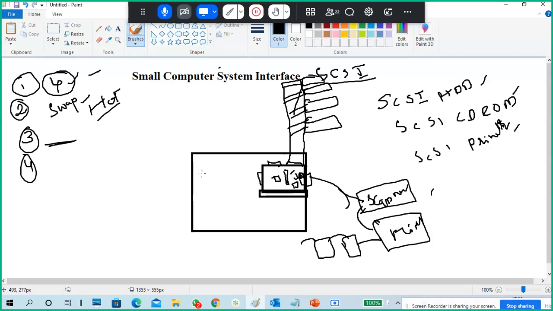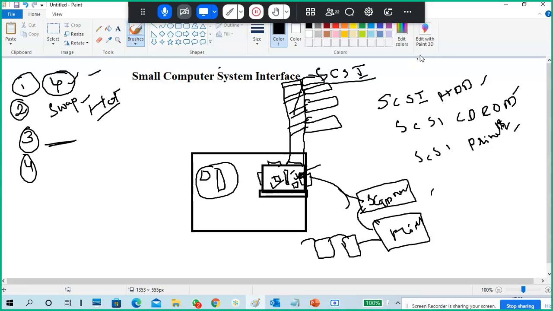Next, the burden on your main CPU and RAM will be reduced because the card will take care of the entire data transmission. Just like your graphics card takes care of graphics processing, data processing and data transmission are taken care of by this interface card.